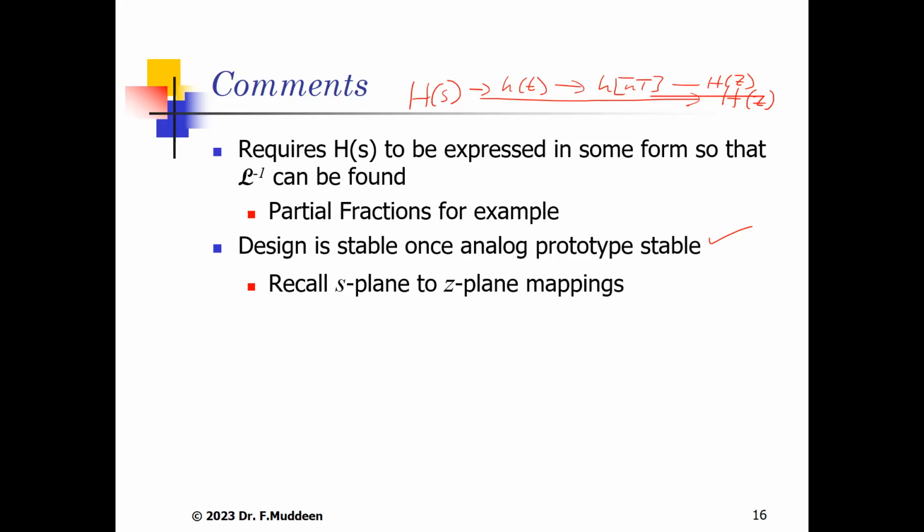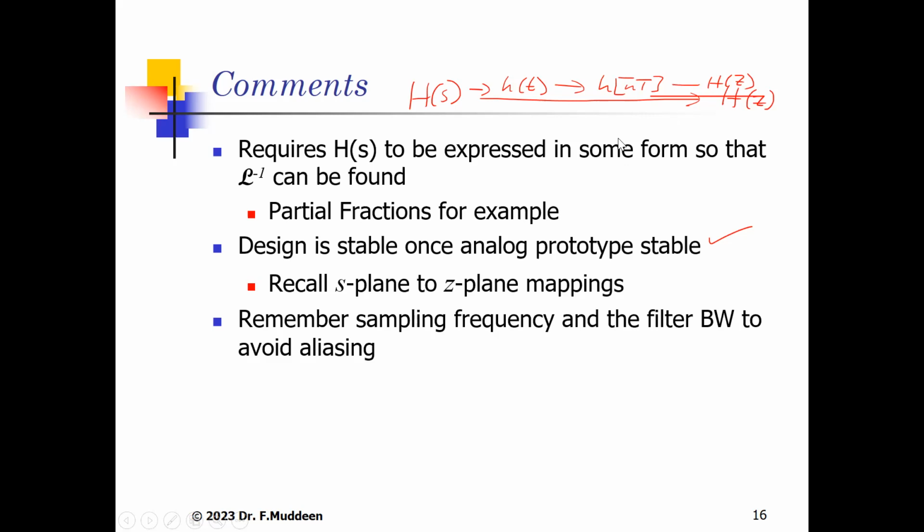Not something for us to be too worried about here, but if you're doing advanced controls or digital controls, they do something very similar to this. And they also prove that once you have a stable analog transfer function, then the discrete transfer function should be stable as well, because of the position of the poles mapping from the S to the Z plane.